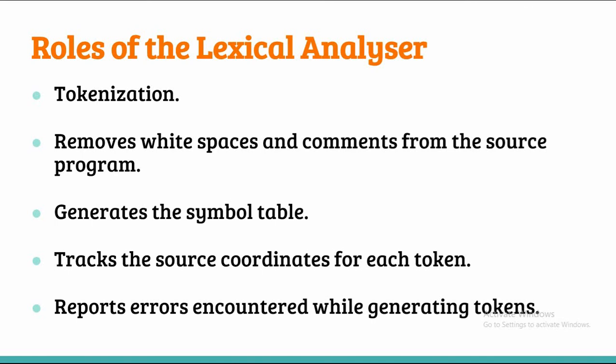It is also capable of generating the symbol table. And it can also track the source coordinates for each token, which in turn helps this last point, which is reporting errors encountered while generating tokens. So this slide pretty much summarizes the different functionalities of the lexical analyzer.